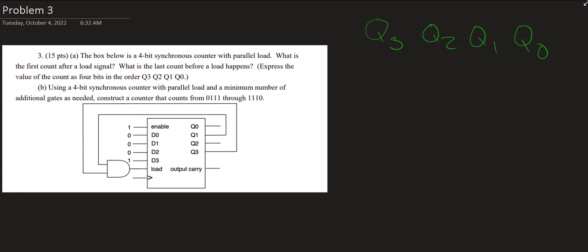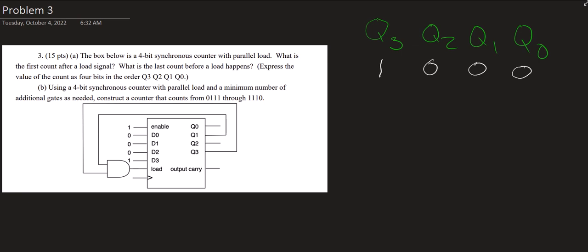So Q3 would be 1, Q2 would be 0, Q1 would be 0, and Q0 would be 0. So that is the answer to what is the first thing that's loaded.